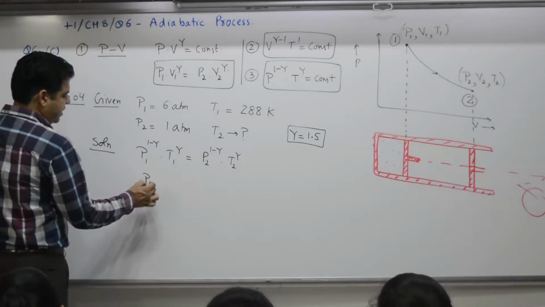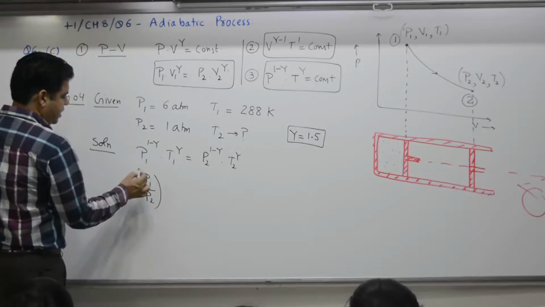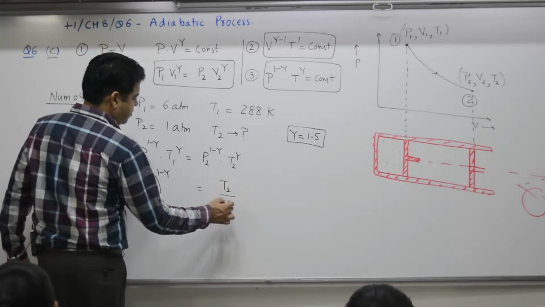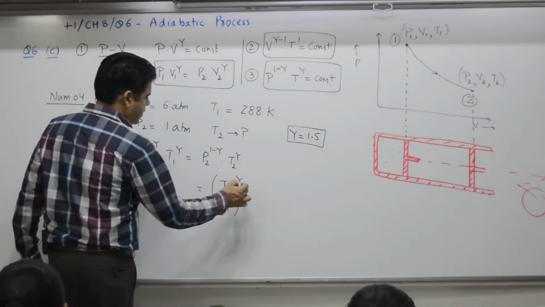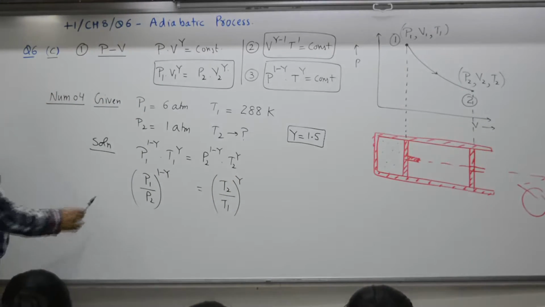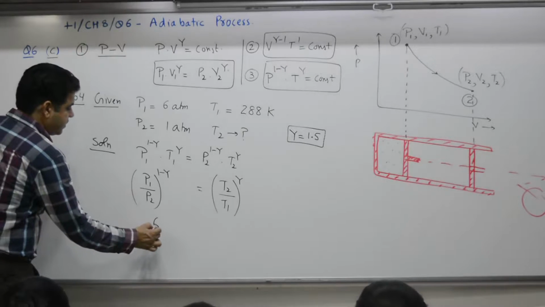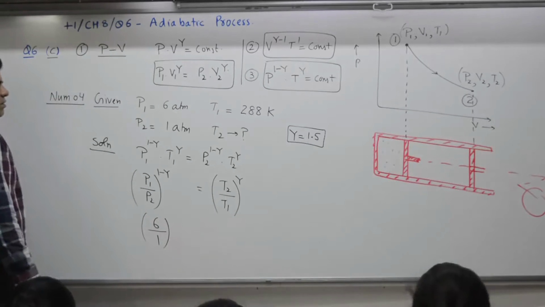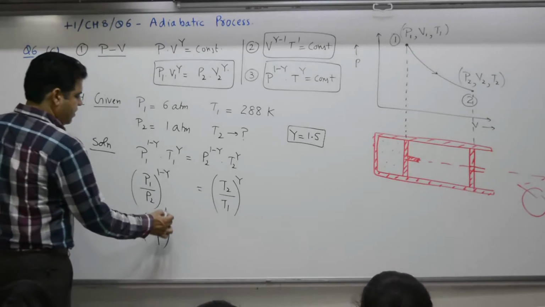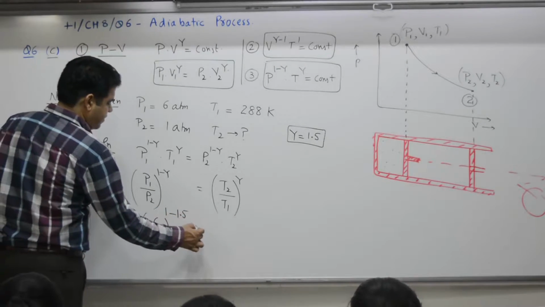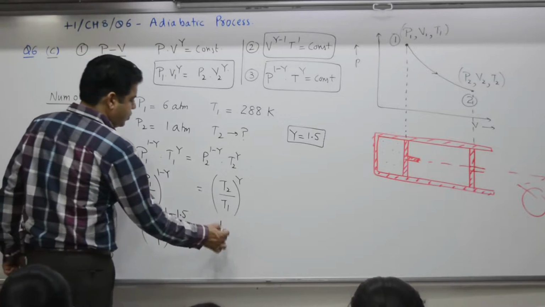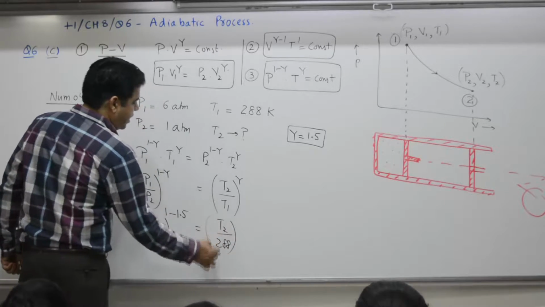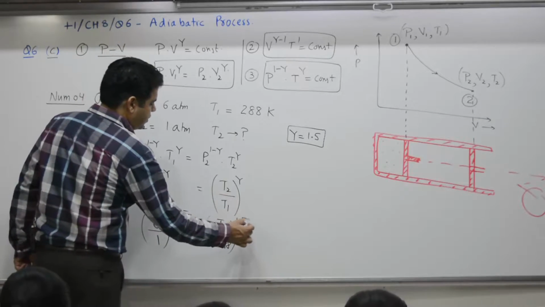I can write P1 by P2 power 1 minus gamma is equal to T2 by T1 power gamma. Put the values. P1 is how much? 6 atmosphere. P2 is 1. 1 minus gamma, 1 minus 1.5, is equal to T2, I don't know, T1 288, power gamma. Gamma is 1.5.